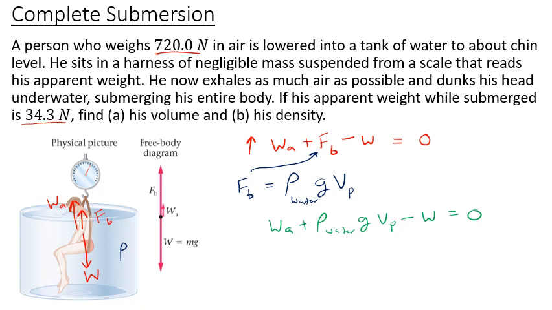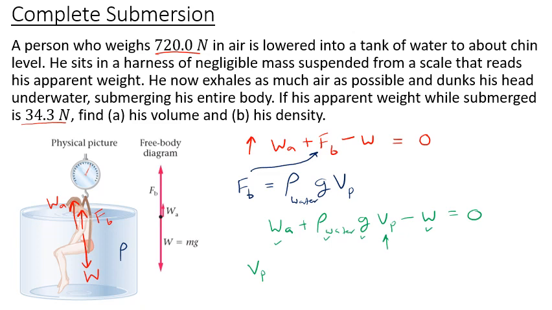And if you look at the values over here, the apparent weight is given, the density of water is a known quantity, the gravitational acceleration is a known quantity, and the weight of the person outside the tank is given. So the only unknown quantity is the volume of the person. So we can calculate the volume of the person from this expression.